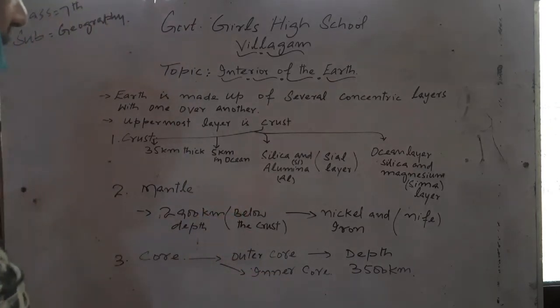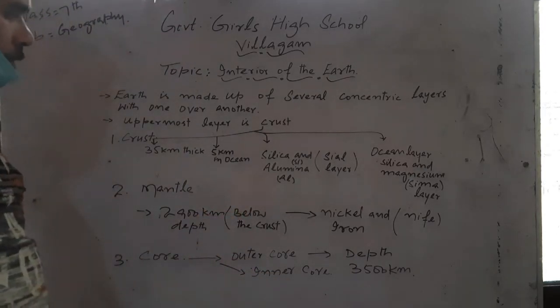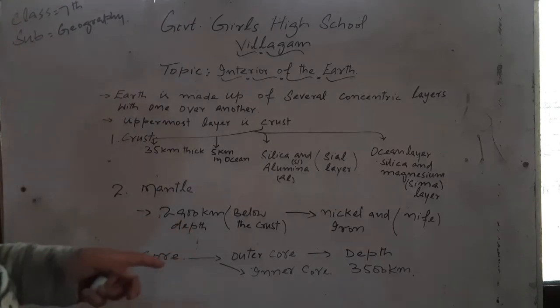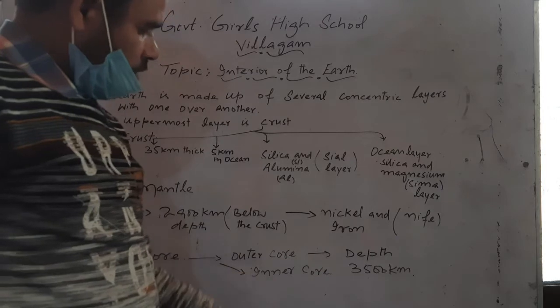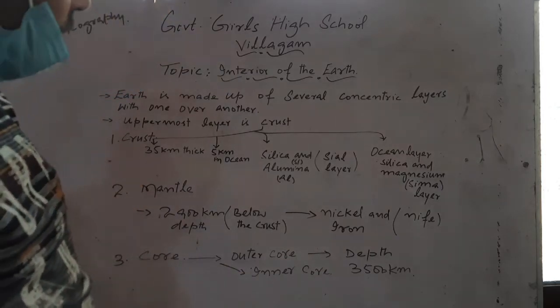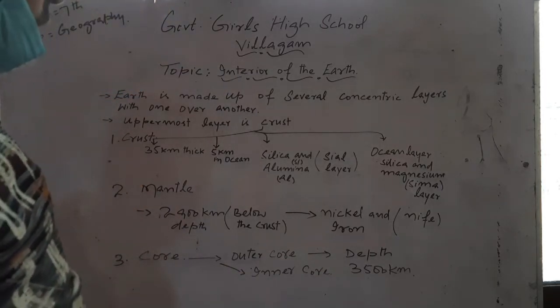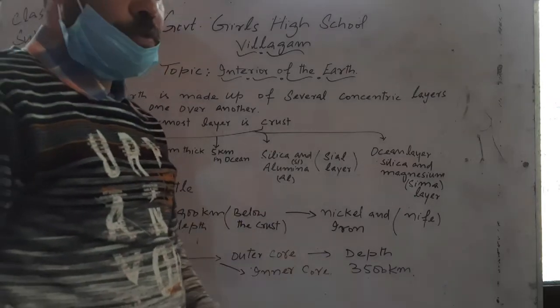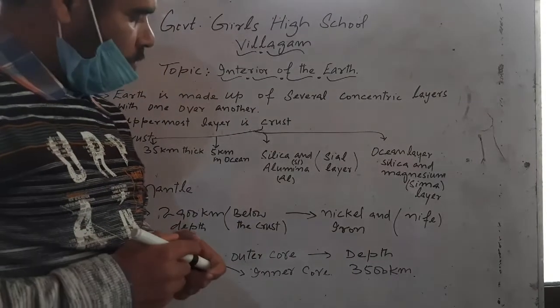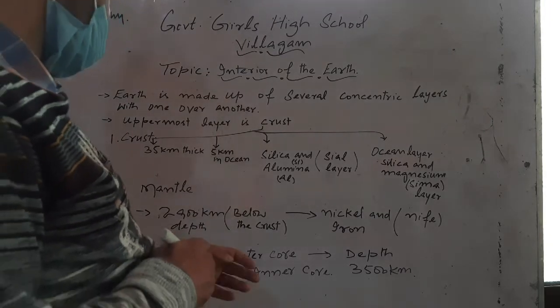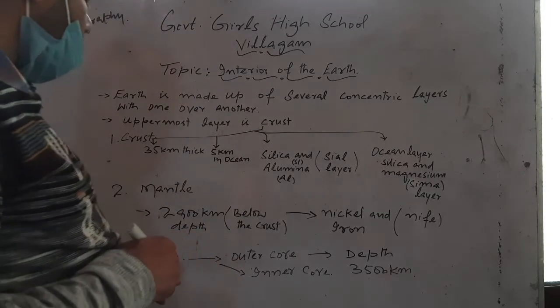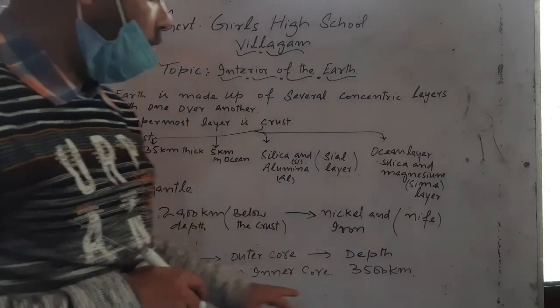There are two layers of core, that is inner core and outer core. The first layer is outer core, and then starts the inner core, and it is up to the width of 3500 kilometers. That means the width of core is 3500 kilometers.